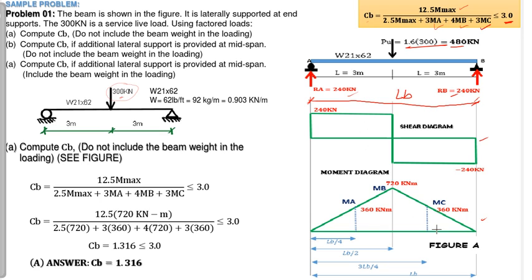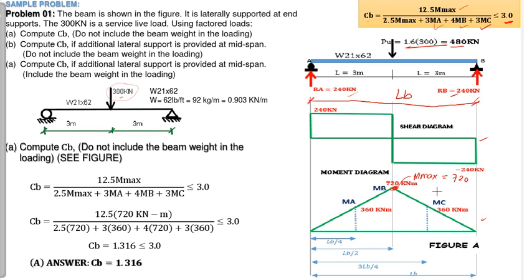So, pag nag-drawing kayo ng moment, ito yung magiging moment diagram ninyo. Okay? So, ang maximum moment dito, andito sa gitna. Ito yung magiging maximum moment natin, which is equal to 720 kilonewton meter. Okay? So, ano yung magiging MA natin?